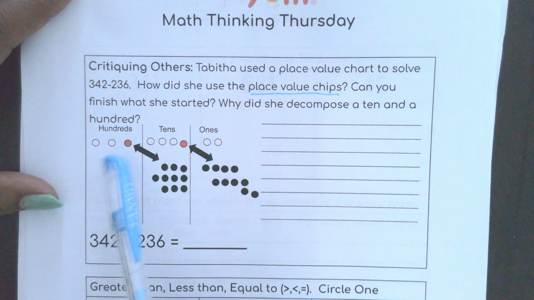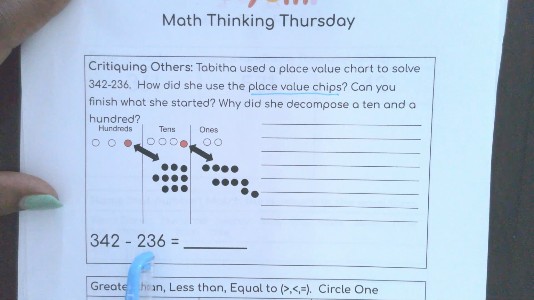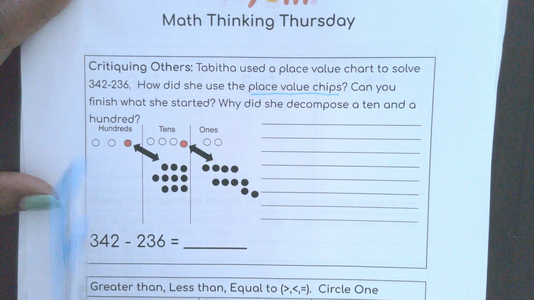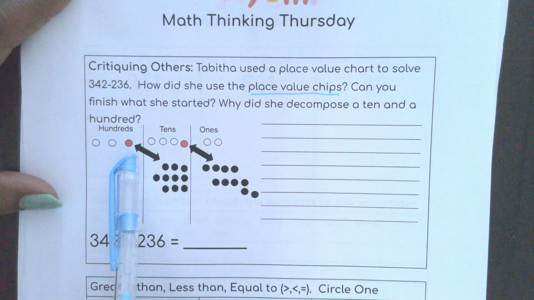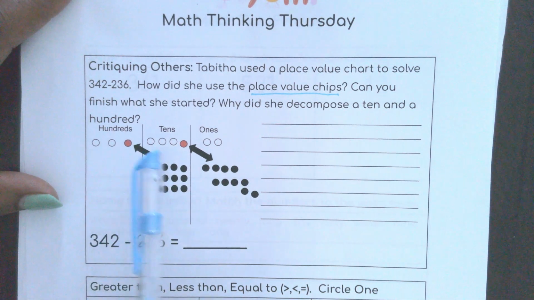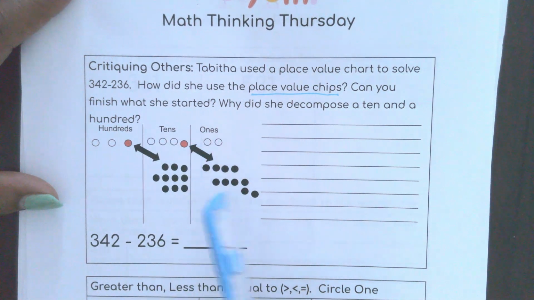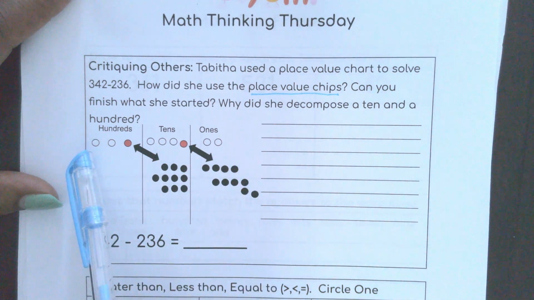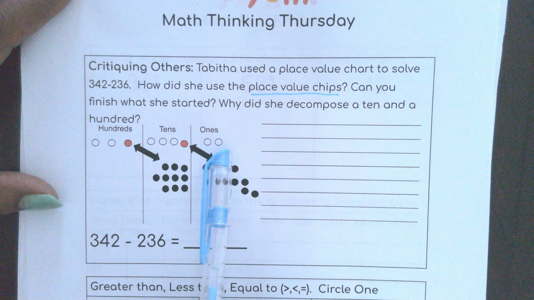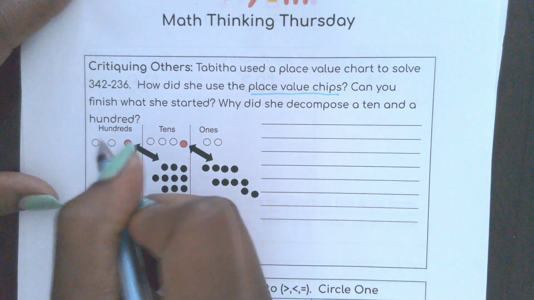So here we see that the numbers we're working with are 342 and 236. So the place value chips are different than the blocks, but it shows the same thing. So remember with the hundreds when we were showing those squares, and those tens when we were showing the base 10 sticks, and the ones when we had kind of similar ones looking like this. With the place value chips, you use the same symbol, you just know that they're different because they are in this chart.